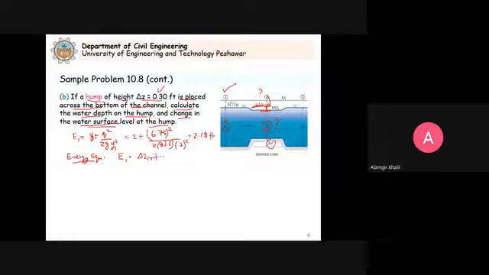If we have the critical hump height, then the specific energy over the hump will be the minimum one, so that will be equal to E minimum. That is the minimum specific energy at the hump, E minimum 2 at the second point.